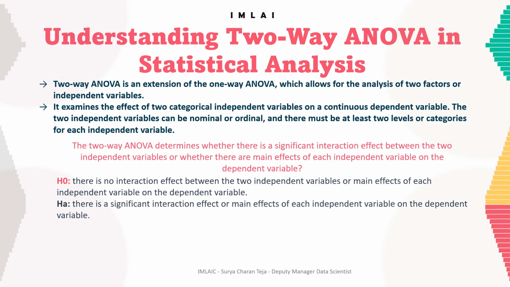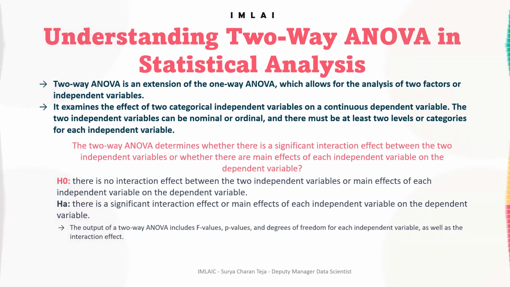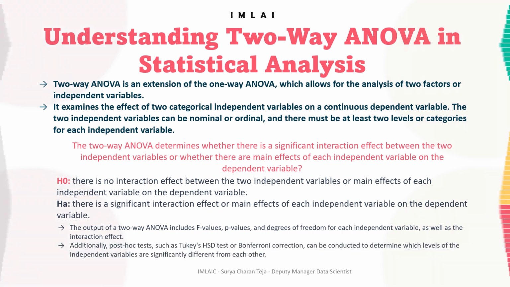The output of a two-way ANOVA includes F values, p values, and degrees of freedom for each independent variable, as well as the interaction effect. Additionally, post hoc tests such as Tukey's HSD test or Bonferroni correction can be conducted to determine which levels of the independent variables are significantly different from each other.